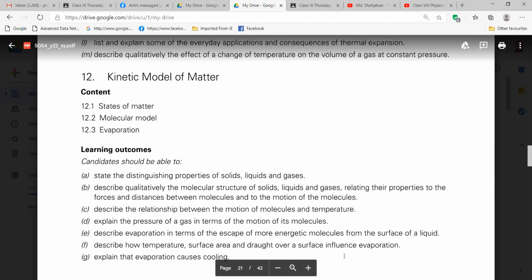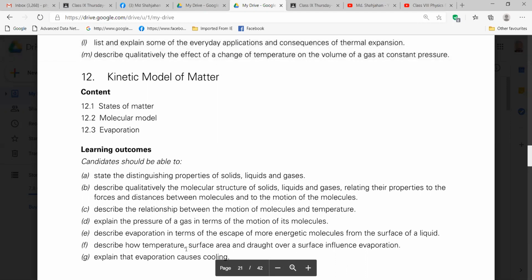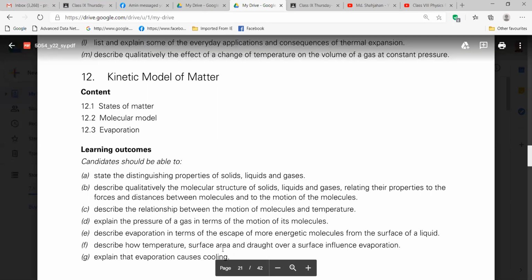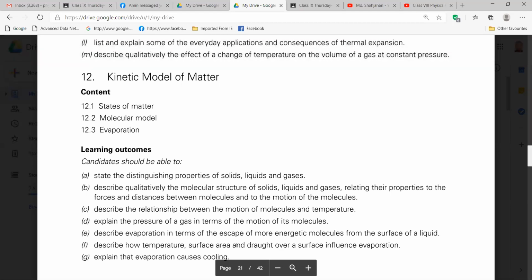Then next one, evaporation depends on temperature, surface area, draft. We also learned one more extra thing, that is humidity, right? For temperature, surface area, and draft, the evaporation increases. And for humidity, the evaporation decreases. You learned it, right?